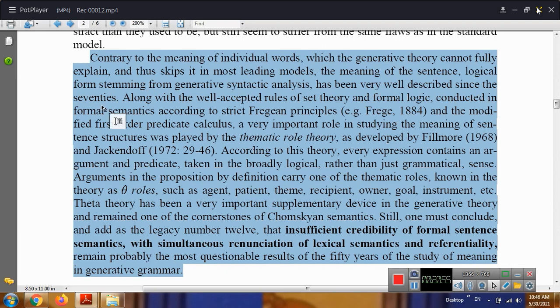Along with the well-accepted rules of set theory and formal logic conducted in formal semantics according to strict Frege principles, and the modified first-order predicate calculus, a very important role in studying the meaning of sentence structures was played by thematic role theory, as developed by Fillmore in 1968 and Jackendoff in 1972.